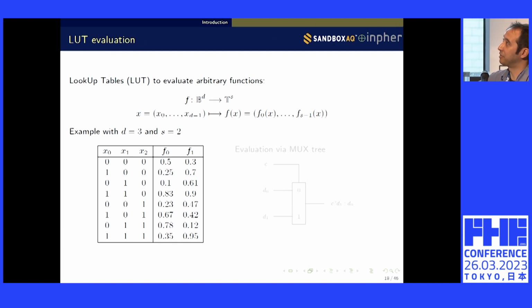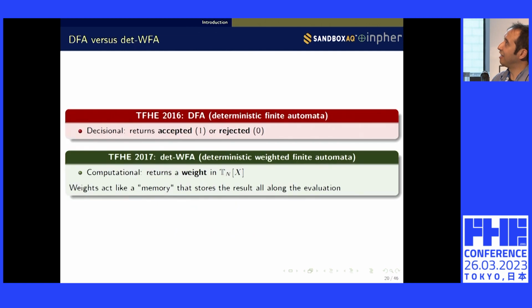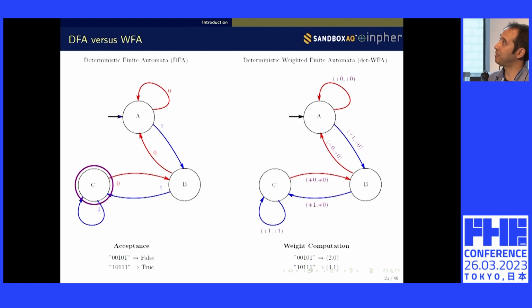So if I have a lookup table and MUX gates, how do I combine the gates to obtain the outputs? I'll just combine them like that. The inputs are on the top, the output is here. I can do much more than lookup tables, so I can also evaluate automata. A finite automaton is a graph like that where you read a word.